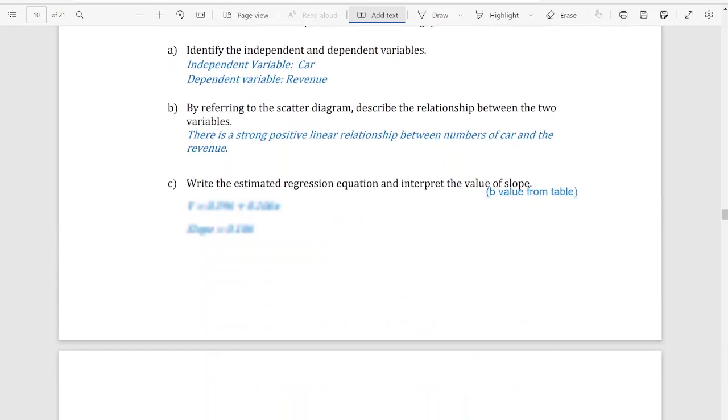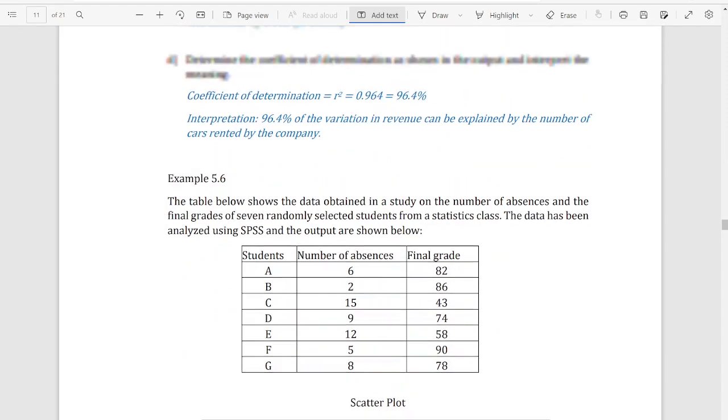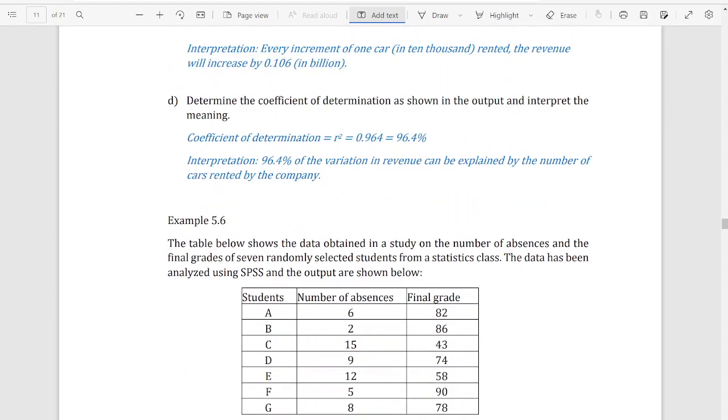Alright. So in this case, you can say that the coefficient of determination R squared is equal to 0.964. So it is presented in the form of point form. But bila kita nak explain, we always explain it in the form of percentage.